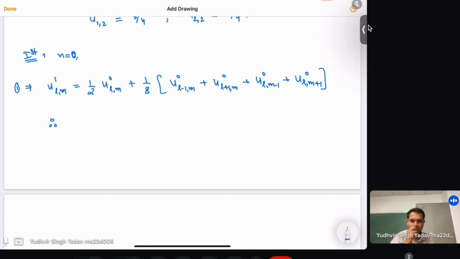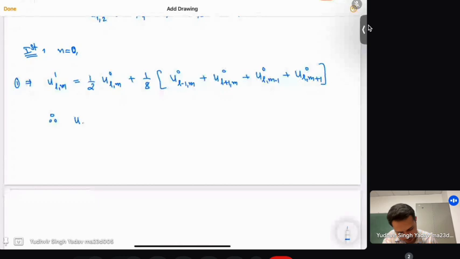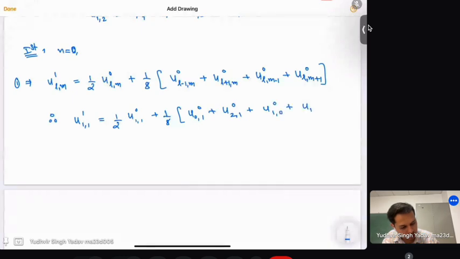Therefore, now we will just simply substitute all the values that we already know. So when l and m are both 1, then we will have u(1,1) at level 1 equals 1/2 u(1,1) plus 1/8 times u(1,0), u(0,m), u(2,0), u(1,0), u(1,2).